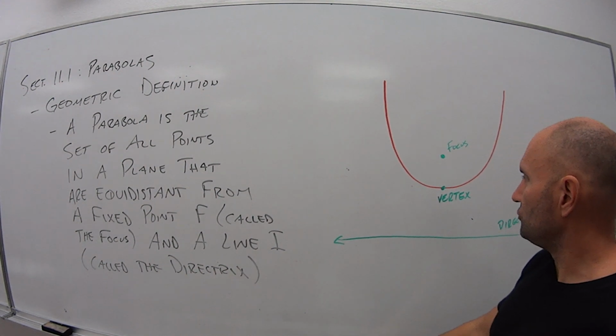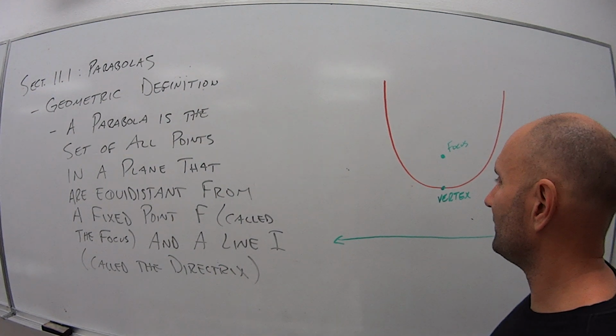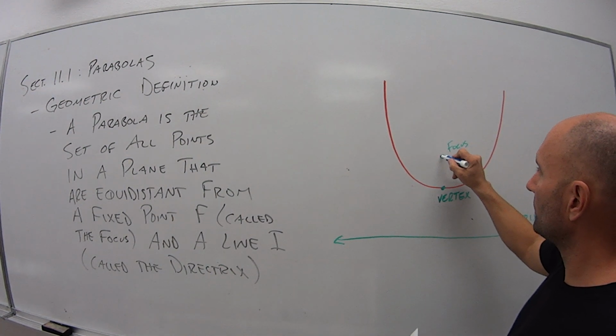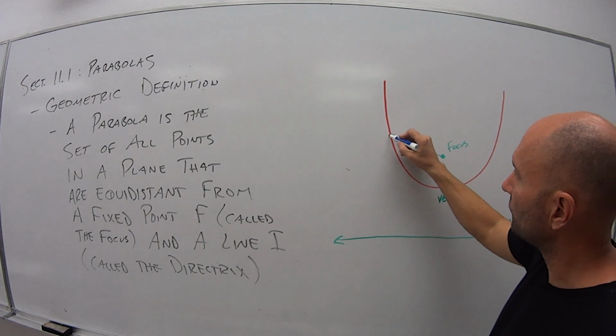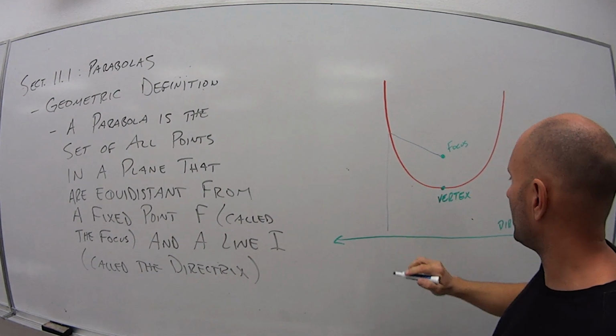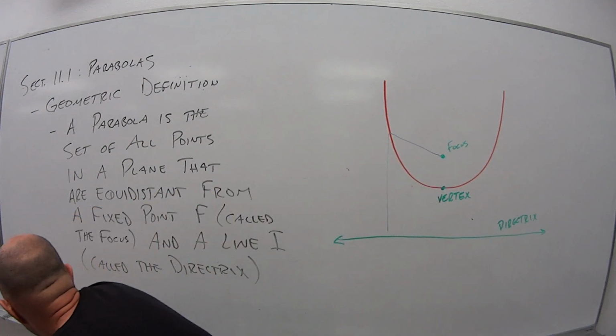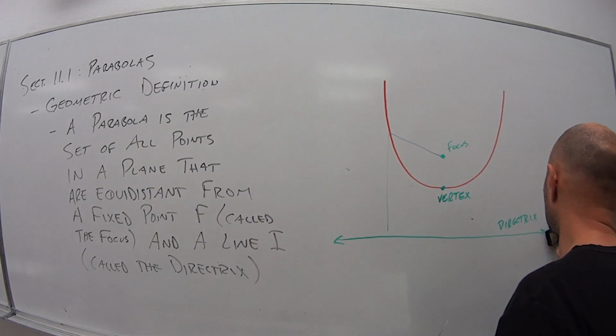And so what the geometric definition is saying is that if I go from the focus out to the parabola, and then from the parabola straight down, and I didn't draw this to scale very well, let me change that up so we know what we're doing here.